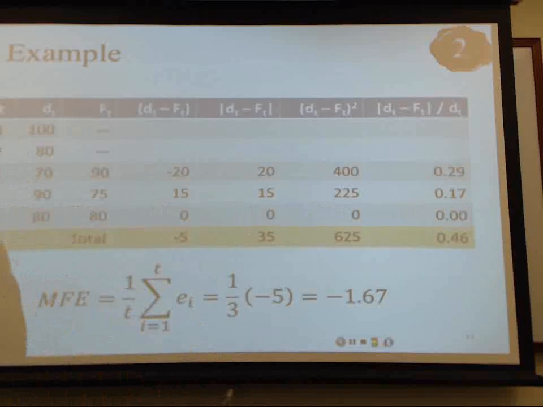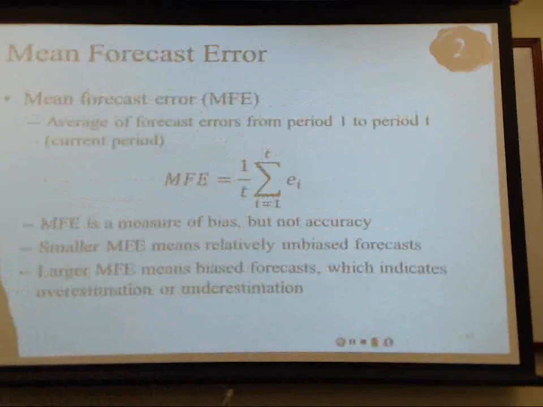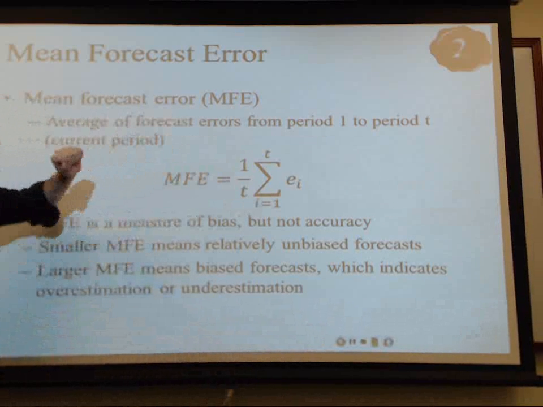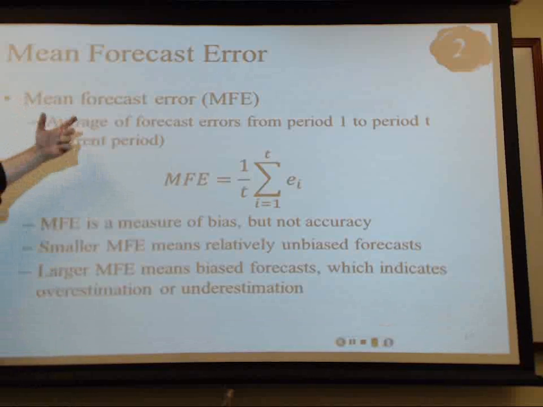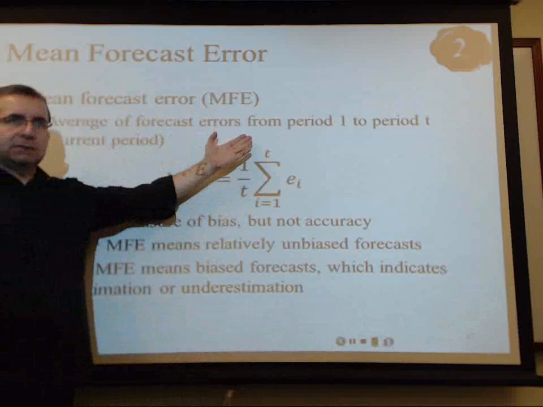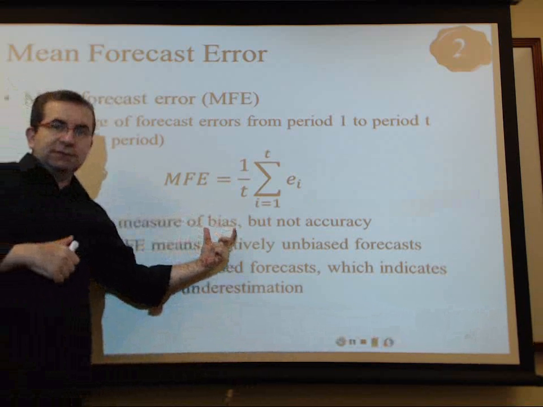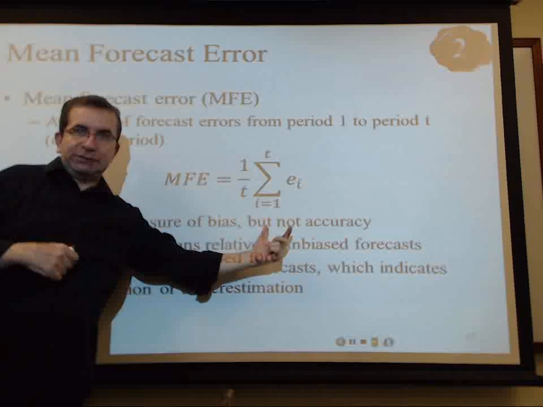So what does this mean? Okay, the mean forecast error, MFE, measures the average of forecast errors, okay, and it is a measure of bias, but not a measure of accuracy.